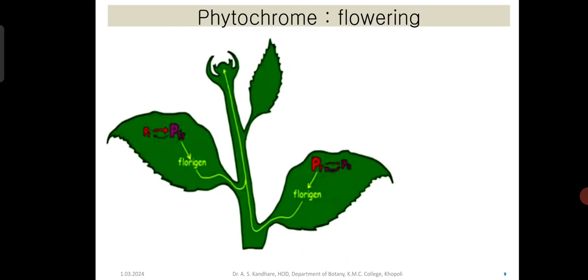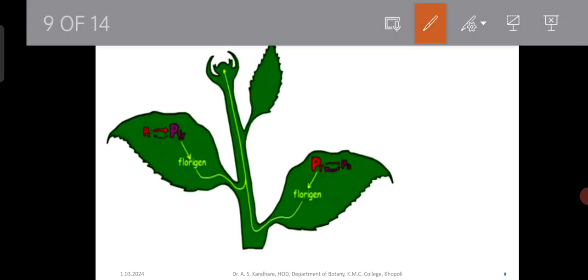तो फ्लोरल प्रिमॉर्डिया तक ये फ्लोरिजिन जाना चाहिए, isn't it? उसका इफेक्ट यहीं दिखेगा फ्लोरल प्रिमॉर्डिया में, isn't it? Because this plant has its specific location where the flower is formed. So only at this location flower is formed.